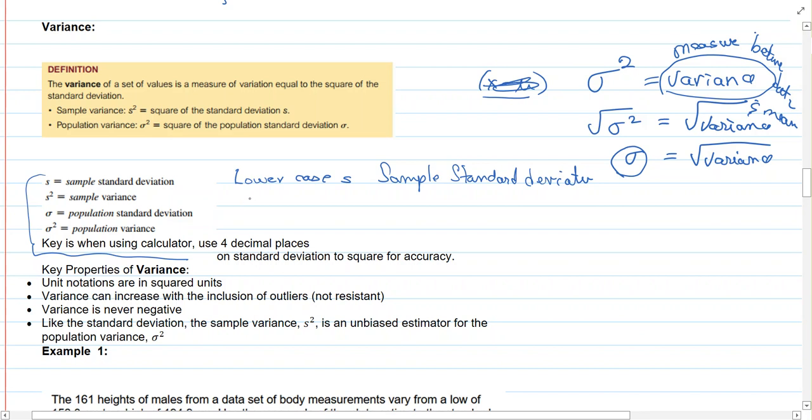A lowercase s squared, s to the 2, is the sample variance.